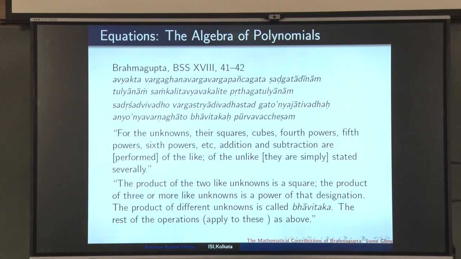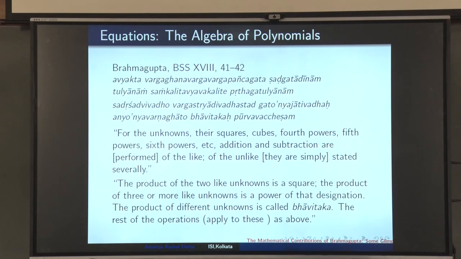Now, the product of two like unknowns is a square. So, if you have 5x into 7x, you make it 5 into 7, x into x is x square. The product of 3 or more like unknowns is a power of that designation. So, x into x into x is x cube, x into x 5 times will be x to the power 5, etc. The product of different unknowns has a term bhavitaka.